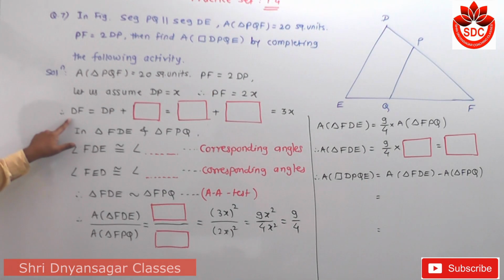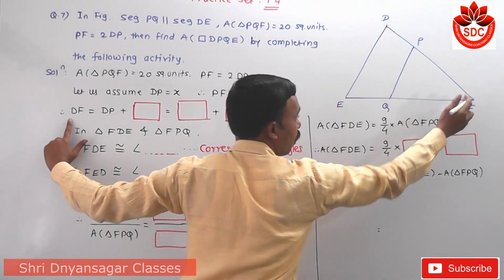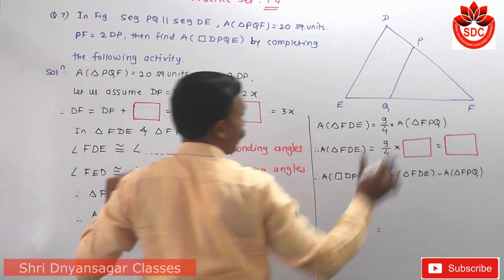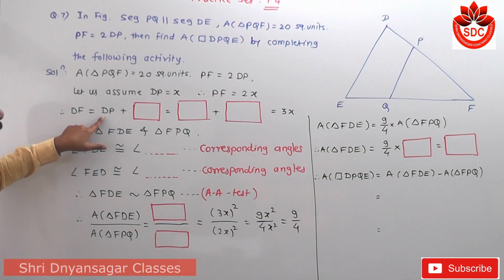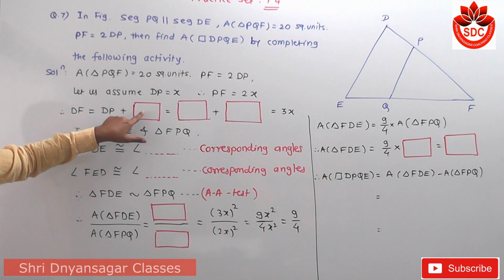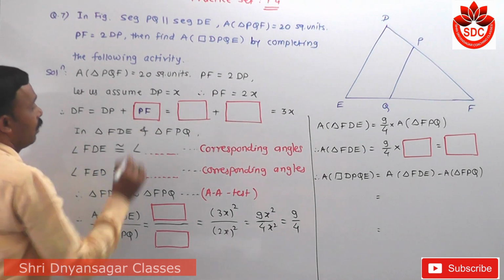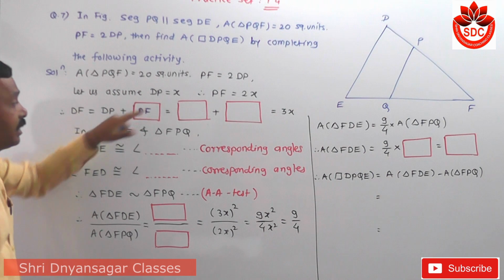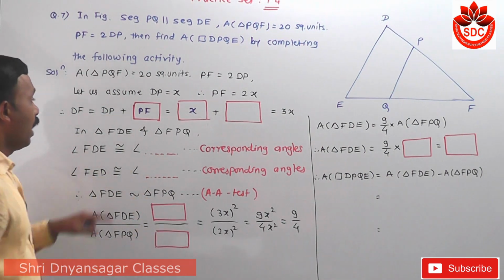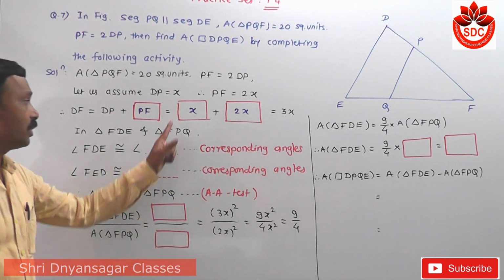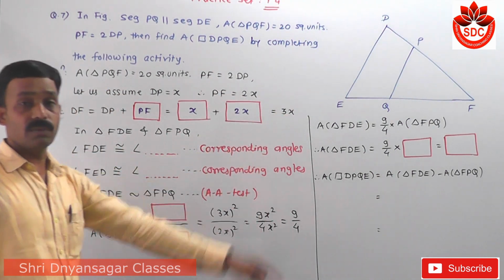So DF, the total value of DF, is the addition of these two, DP plus PF. DP is x here and PF is 2x. The addition becomes x plus 2x is equal to 3x.